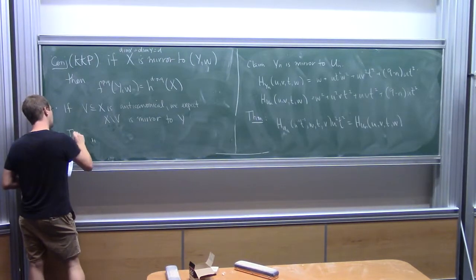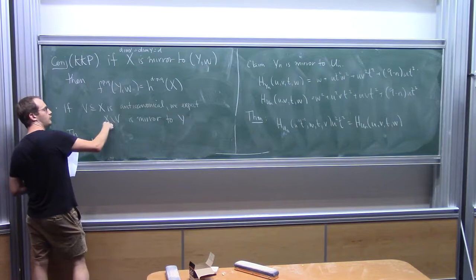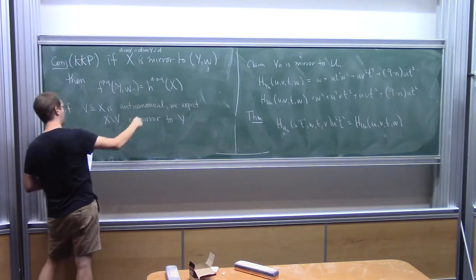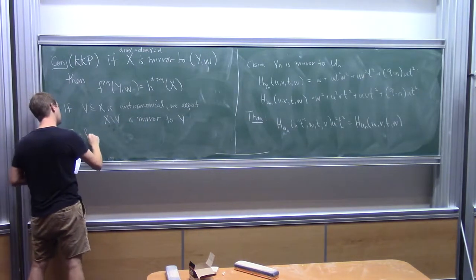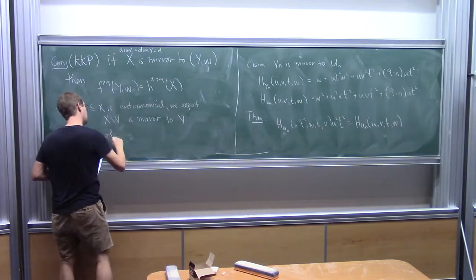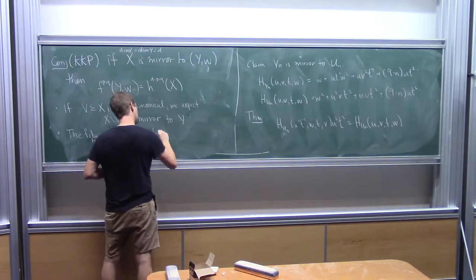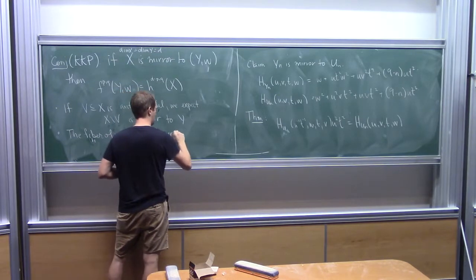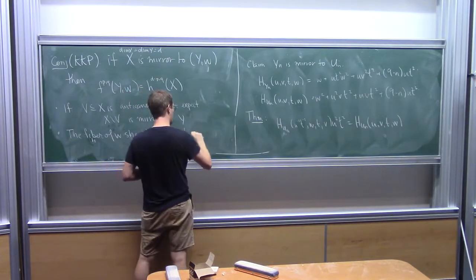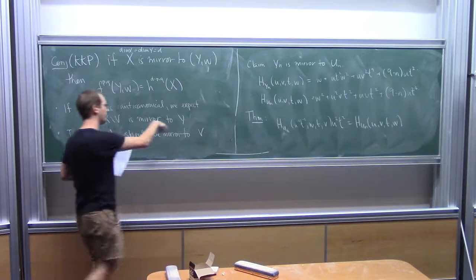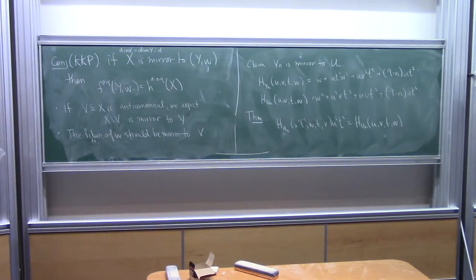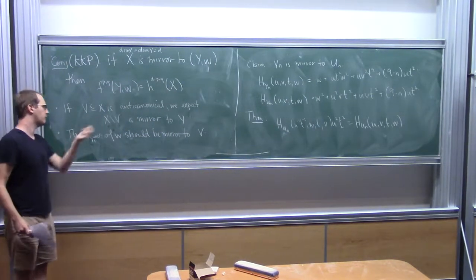The fiber. If we do this process, not this way, but the other way that I explained, the fiber of W should be mirror to V. The divisor that we took out should be mirror to the fiber of W, if we take this fiber to be close to infinity.